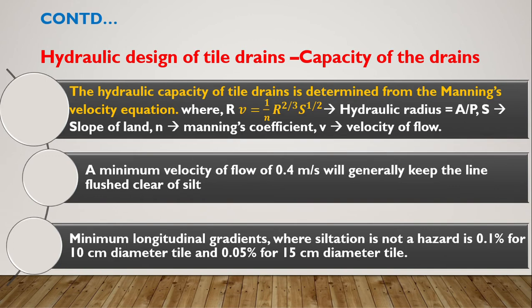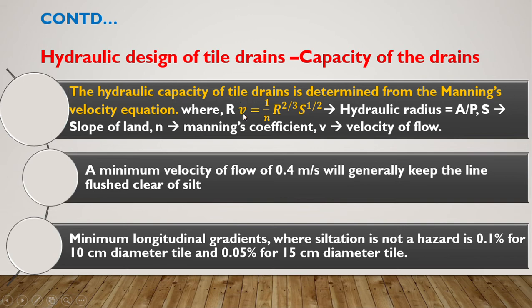After finding the drainage coefficient, we can easily find the capacity of the drains, because the capacity of the drains is found out by Manning's equation. In the surface drainage system also we have seen this. Capacity is calculated by means of Manning's equation. Actually V is equal to 1 by N R raised to 2 by 3 S raised to 1 by 2.